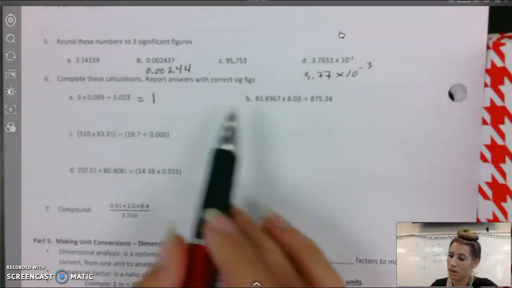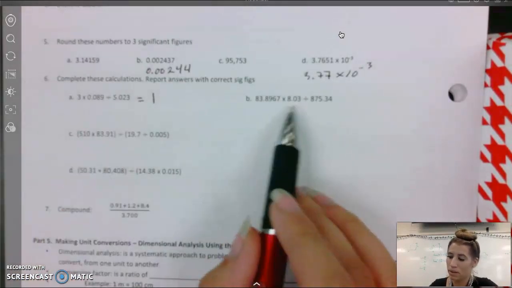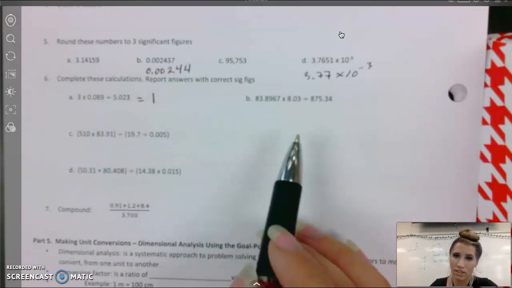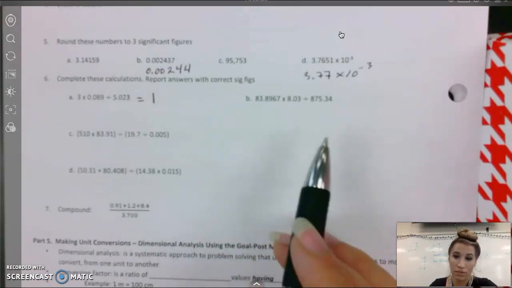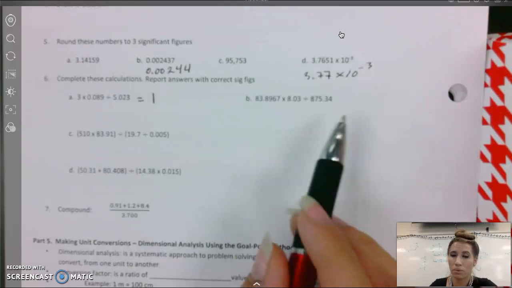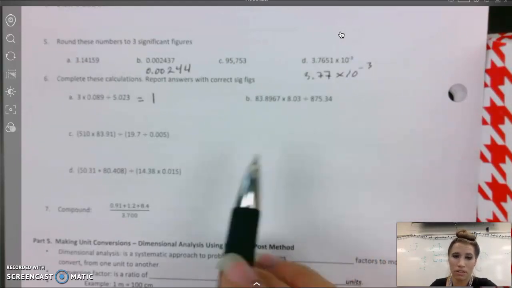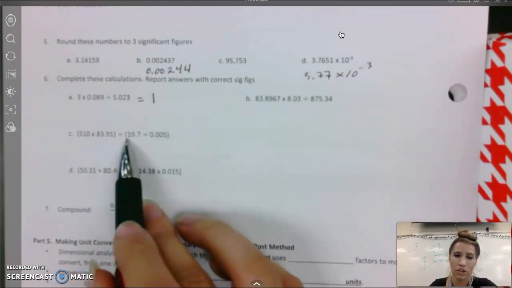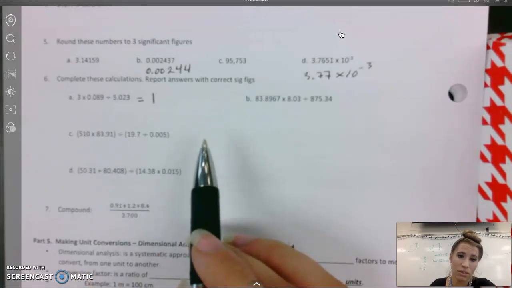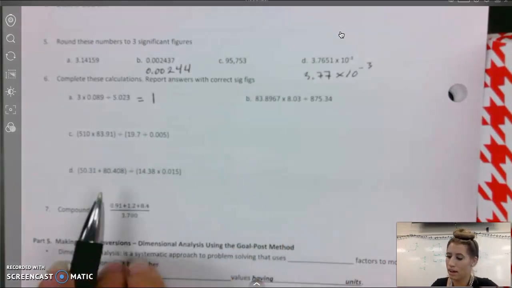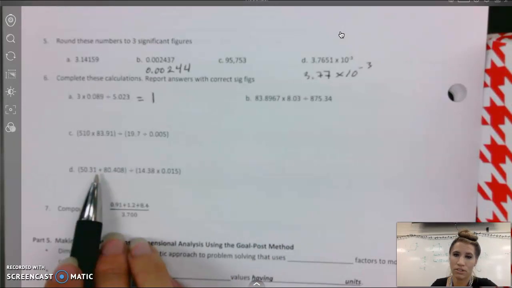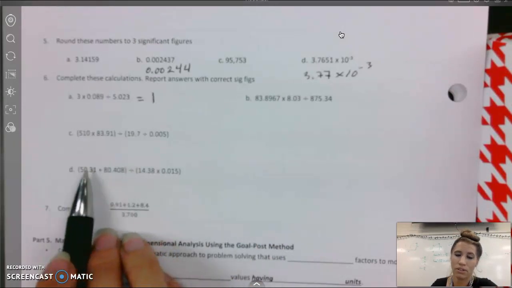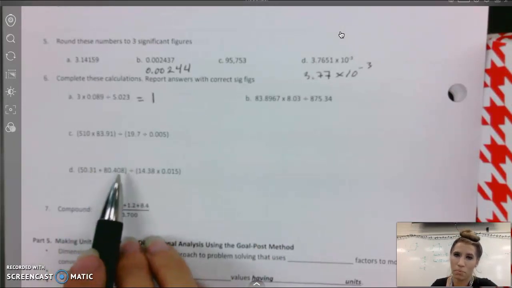Now, if you have, like we saw here, multiplication and division all within the same problem, if it's easy for you, you can run it all at once and then look at the least amount of sig figs. But as soon as we add addition and subtraction, then we have to consider what's happening here before we can move on.